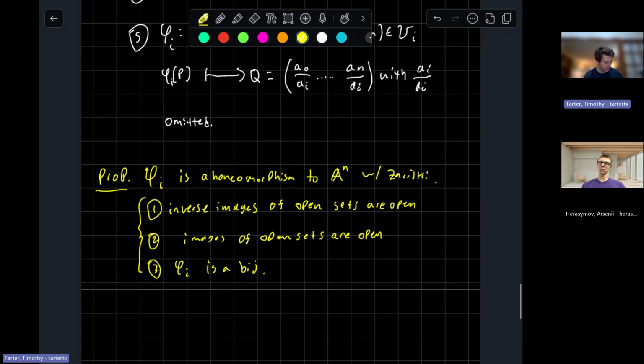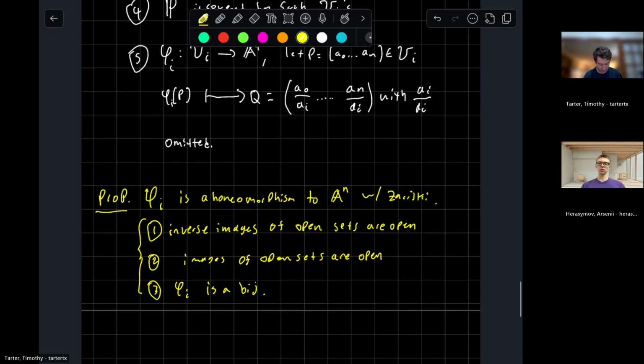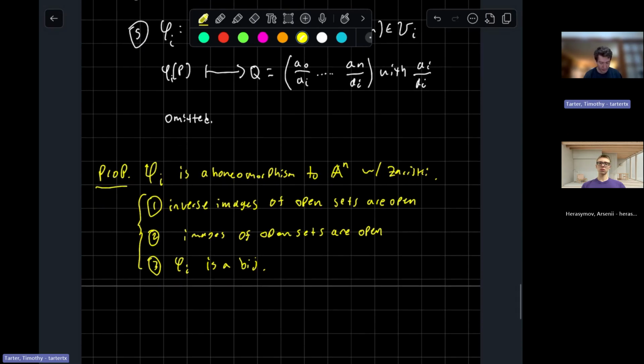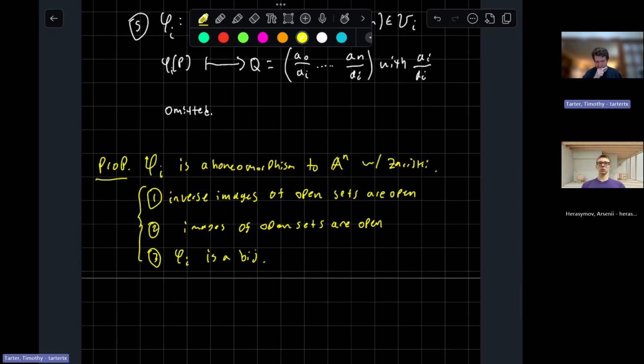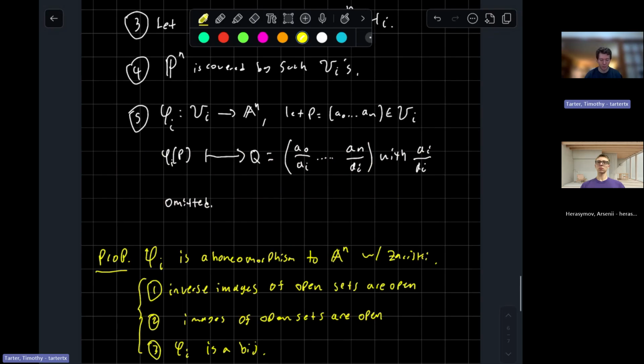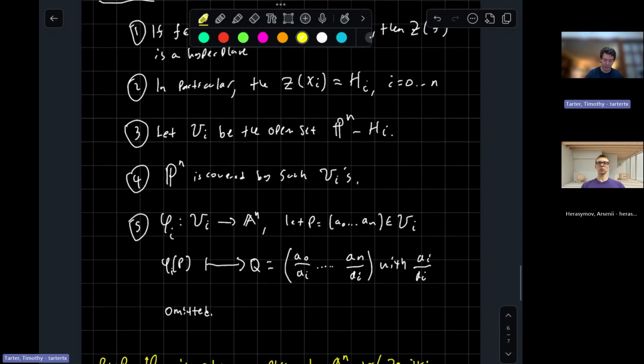And then to show that inverse images of open sets are open, we can actually show that inverse images of closed sets are closed. And this isn't hard to do because that maps all of the points which are closed in A^n back to the closed points, where H_i, right? We're mapping these from their points in affine space.